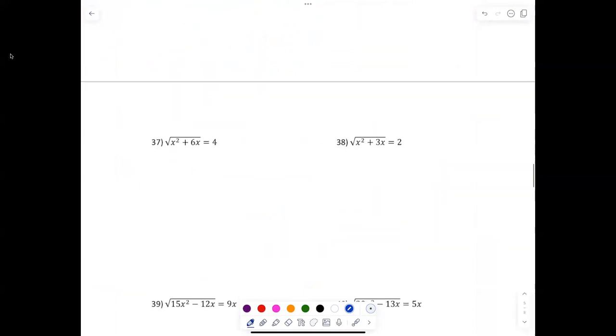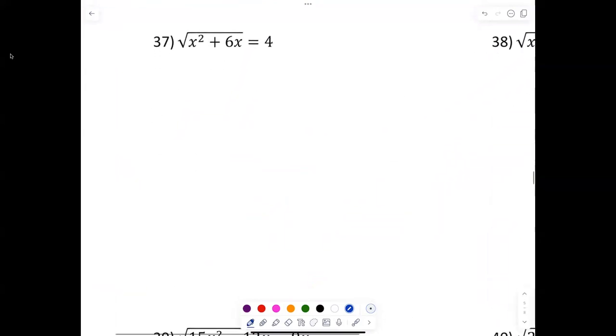All right. Here we go. Let's knock out 37 now. All right, this one is considered a little bit harder also. All right. So what do I do to both sides, please? Square both sides. You got to pay attention now. A lot of algebra here. X squared plus 6x equals, what's 4 squared? 16.